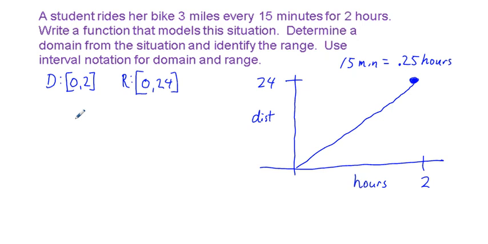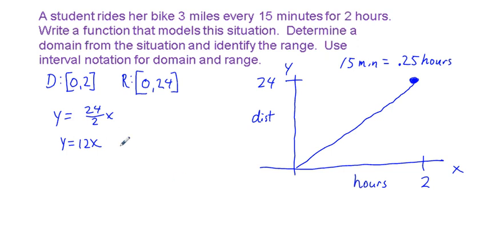So if we call this x and y, we can say y equals 24 divided by 2 x, and 24 divided by 2 is 12. So we have y equals 12x. Okay, and does it say anything about units?